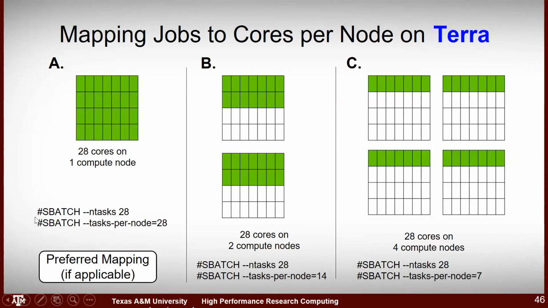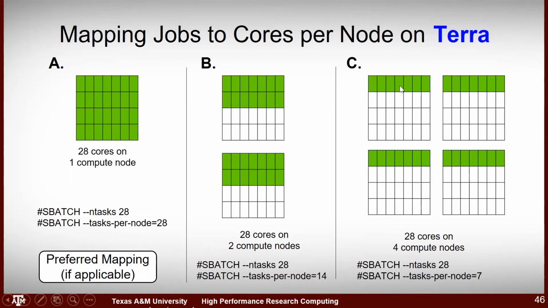So here are some examples. On Terra, let's suppose there are some nodes that have 28 cores. It's just a little easier if we pick a smaller node. If we want 28 cores, we could ask for 28 cores all on the same node. That's case A. We could ask for 28 cores, but divided evenly among 2 nodes.